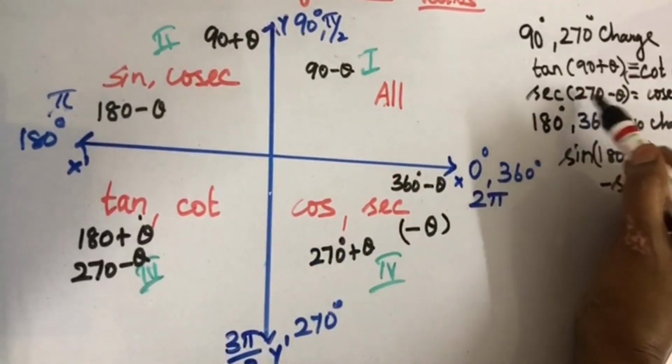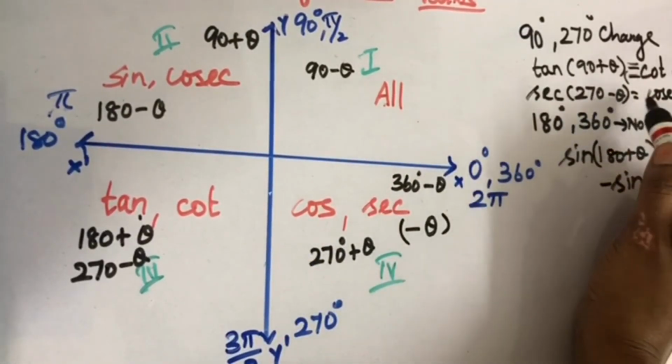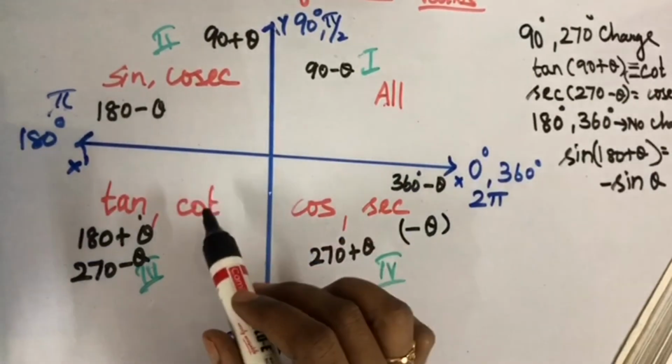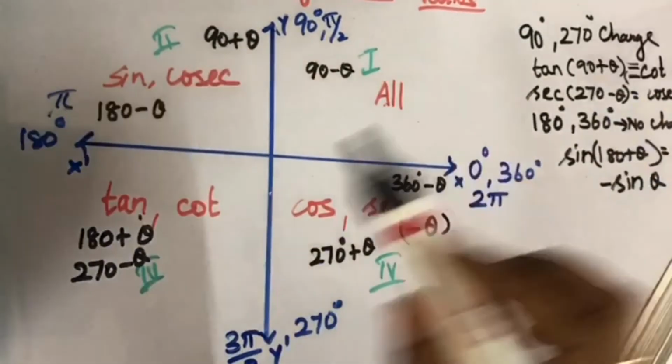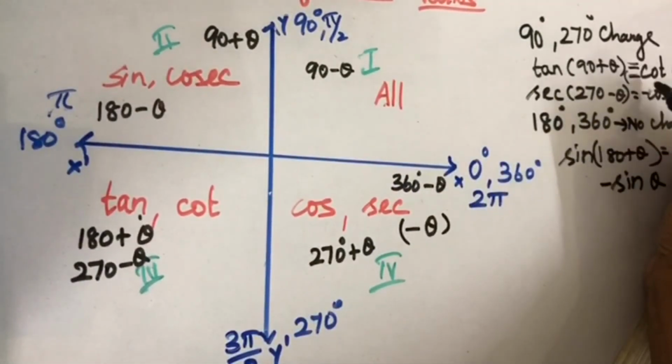In which quadrant does it occur? 270 minus theta lies in the third quadrant. In the third quadrant cosecant is negative, so it is minus cosecant theta.